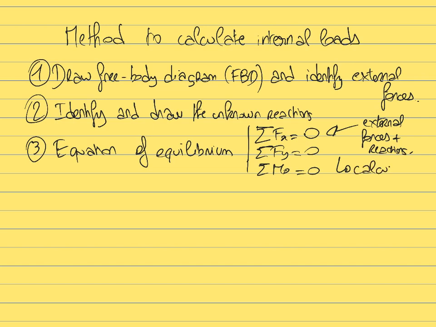So this is going to allow you to calculate the unknown reaction forces. So this is step 3. At the end of step 3, you should be able to calculate the unknown reaction from the supports.